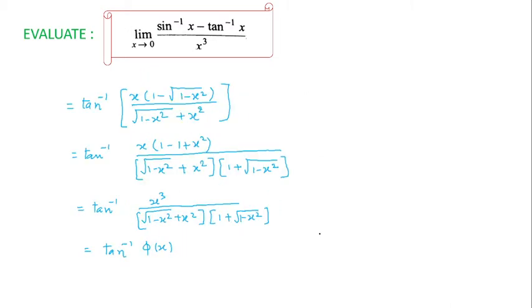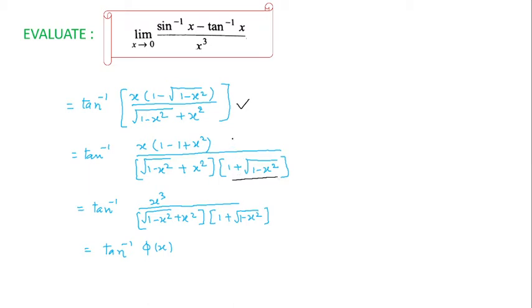Come to the next slide. We have simplified tan inverse of this. Here we have just rationalized this, 1 minus under root 1 minus x square. So we have multiplied and divided by 1 plus under root 1 minus x square, the numerator and also the denominator.